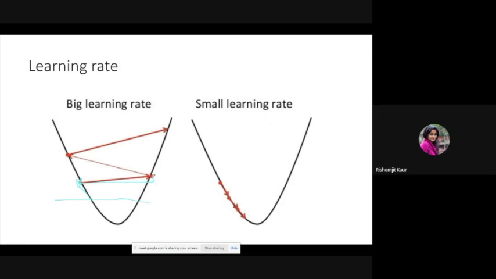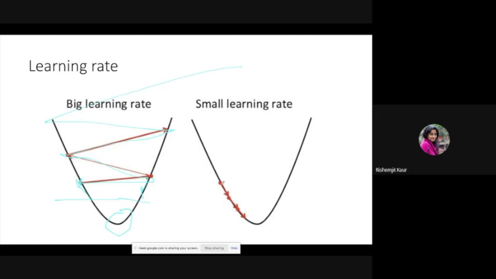Then when we have to go back, the learning rate is again so high that instead of coming down here, it may simply switch over there. This process will keep going on, we will never reach our optimal value, and our algorithm will diverge.